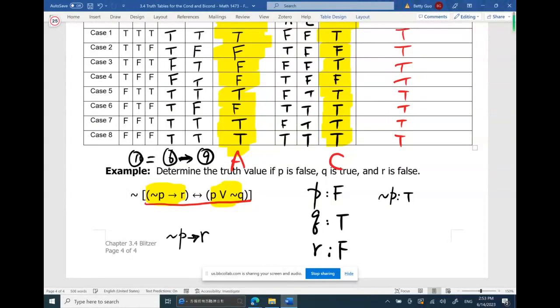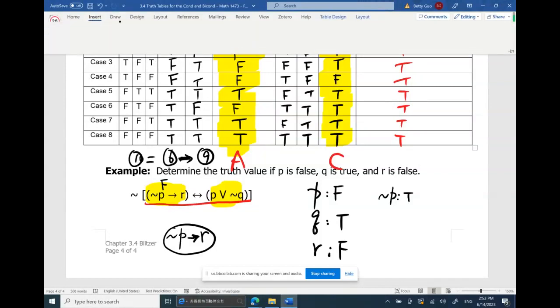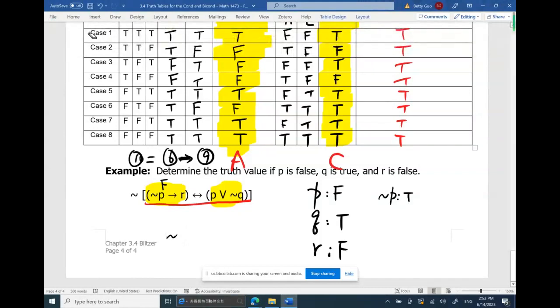So this conditional has a true antecedent, and R is false, a false consequent. So the conditional is false.